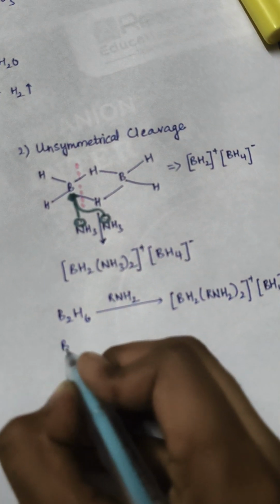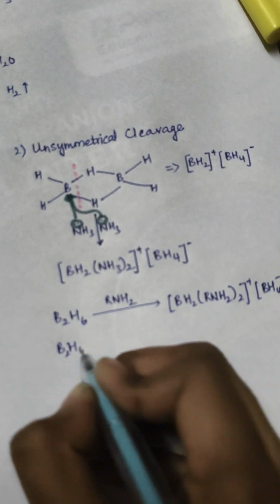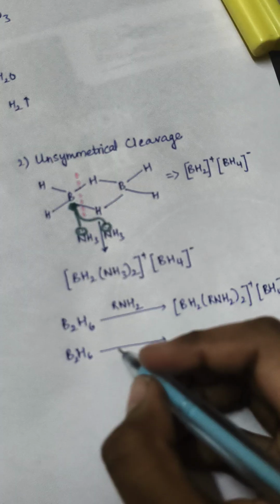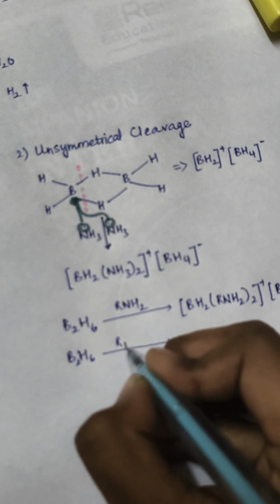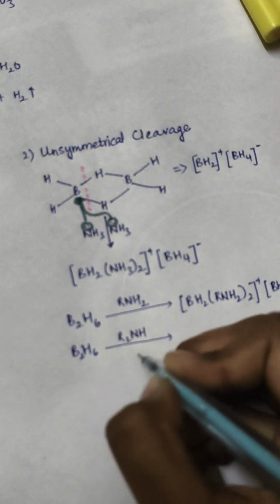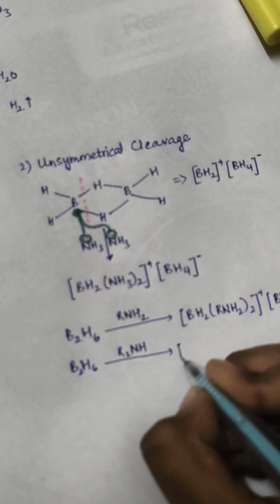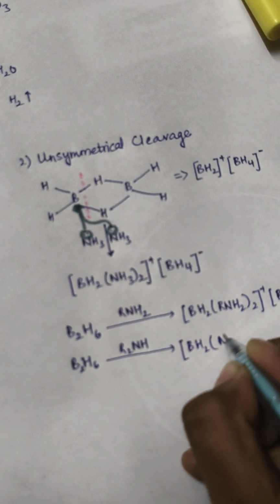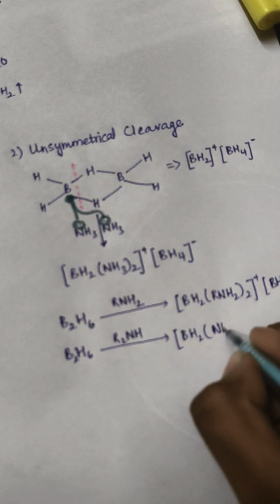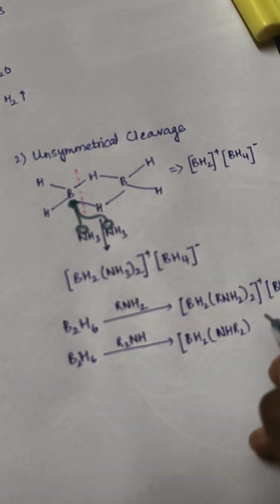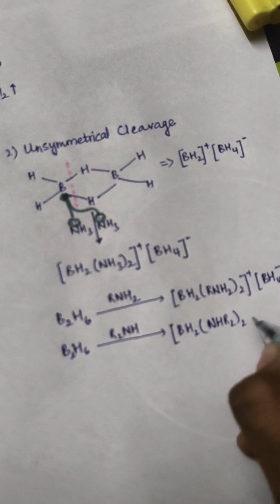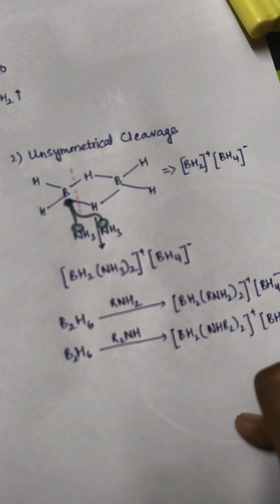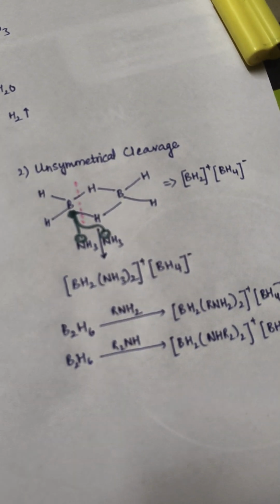And the same thing for B2H6. This is first of all a 1 degree amine, and then you have R2NH, which is a 2 degree amine, and that is BH2(NHR2) taken twice plus BH4 minus.